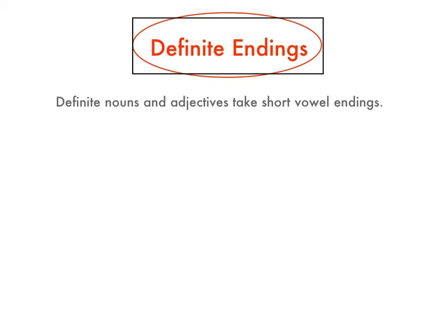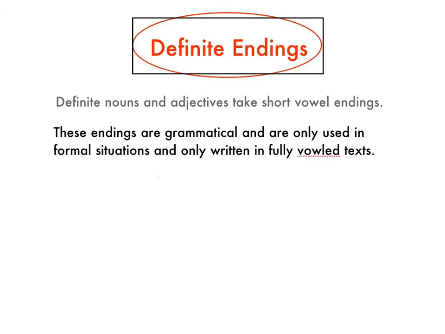One important thing to know is that these short vowels will not change the meaning of the word, and they're only used in formal situations and only written in fully voweled text. For example, the word Assalamu alaikum. You can see the short vowel Dhamma on the last letter of the word Salam.